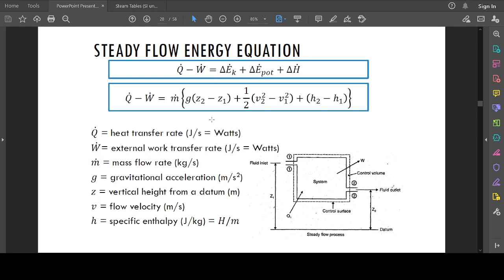Same as the work done by the system, it becomes the work transfer rate, which also has the SI unit of joules per second, equivalent to watts. Then the mass becomes the mass flow rate due to the movement in the system. The mass flow rate has a unit of kilograms per second. Then everything else remains the same.